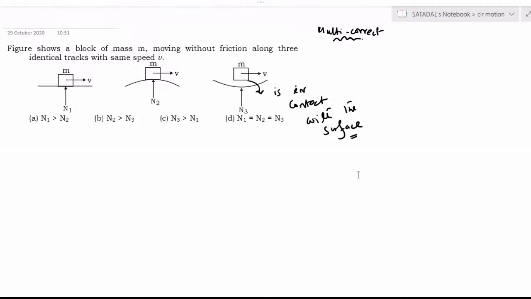Sir, option D. Okay. Yogananda. Sir, A and C. Let us check. Dinesh. Sir, option B and C. Pritam. Option B and C, sir.